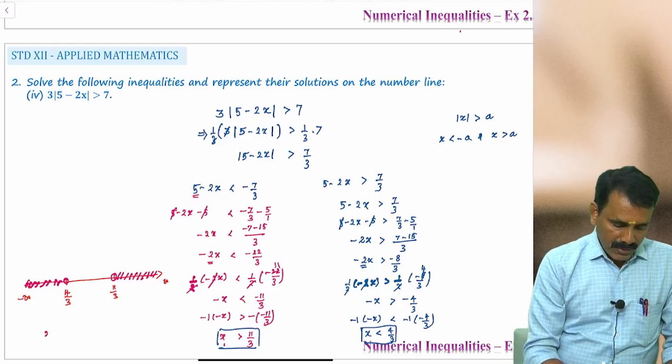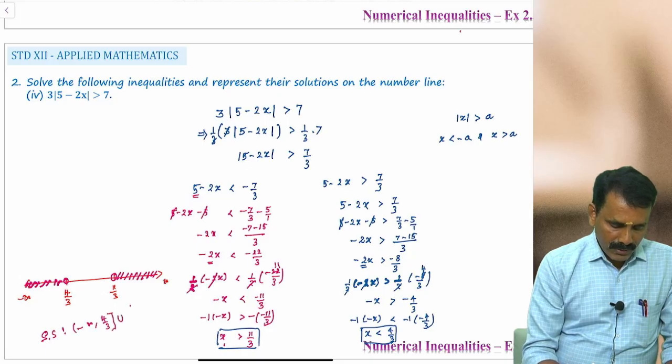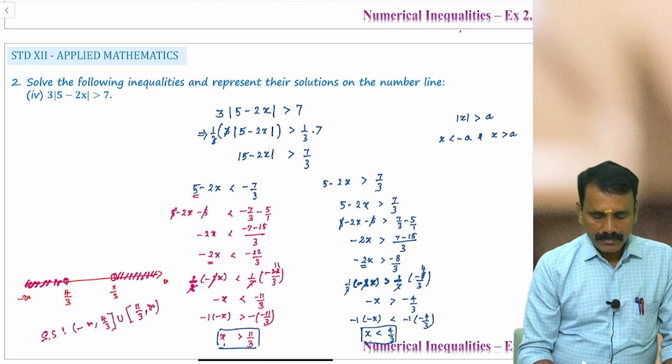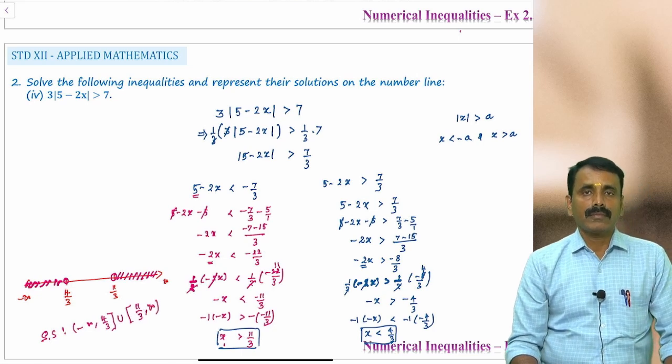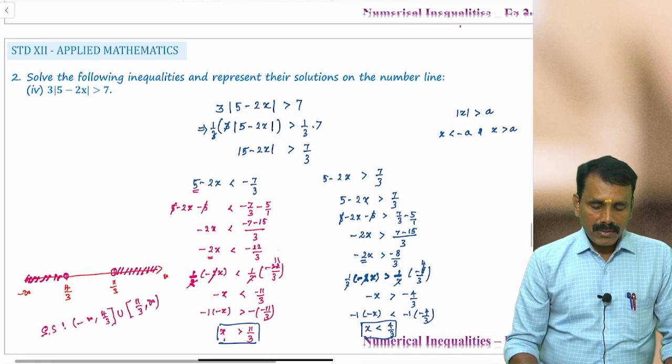The solution set will be minus infinity to 4 by 3 closed union 11 by 3 to infinity. Is it clear?